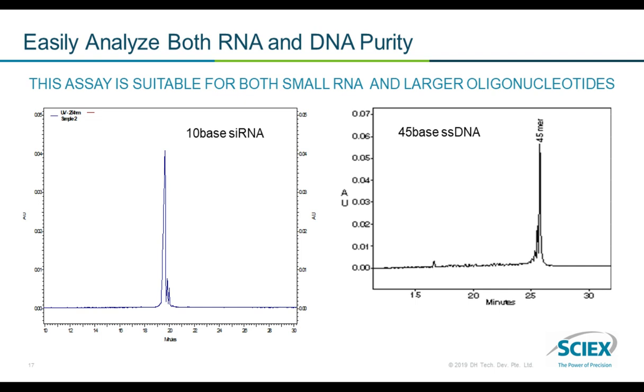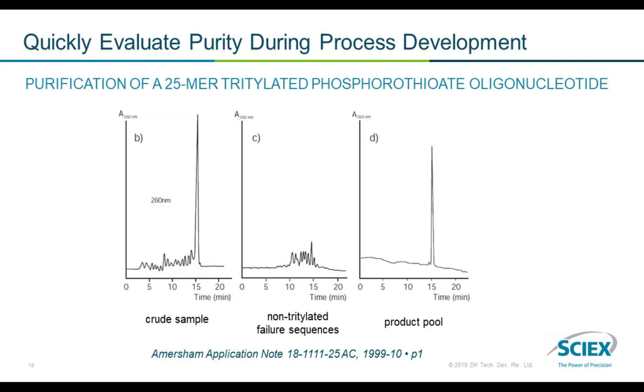On the right side is a 45 base long ssDNA fragment, and as you can see, there are some N-1, N-2 and N-3 fragments, so 45, 44, 43, and so on. So you see what kind of impurity you have in there.